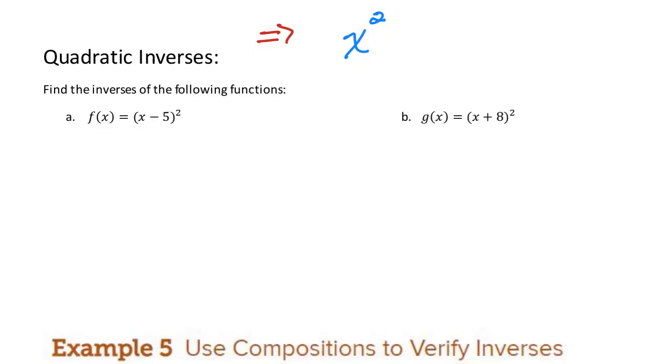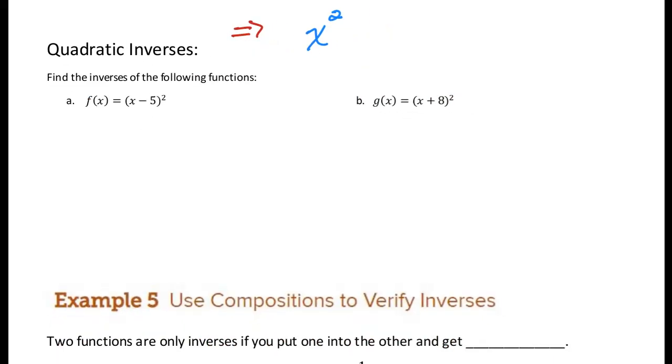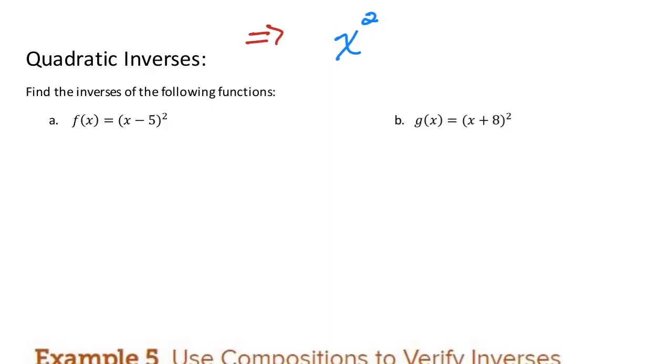What would I do to get just x by itself? You would take the square root, yes. So I would take the square root, and if you take the square root of something that is squared, they both cancel each other out, okay? That's what we're going to end up doing, all right?